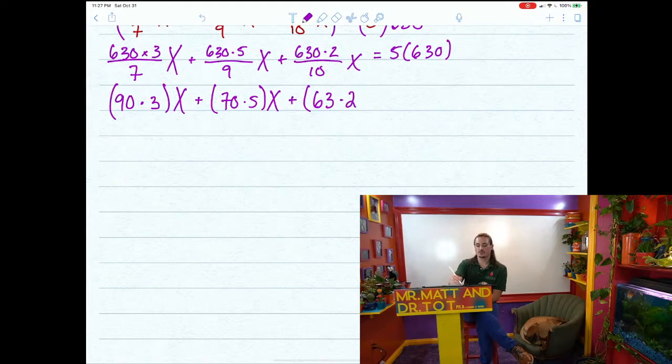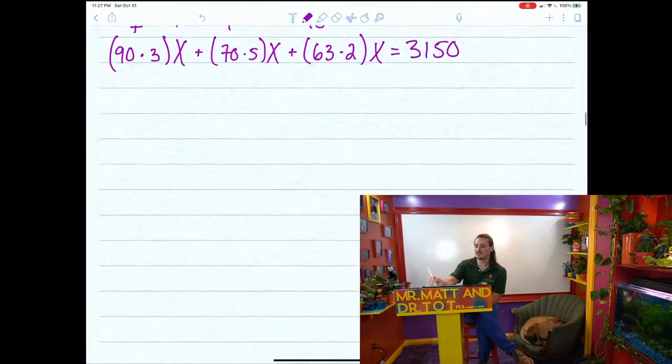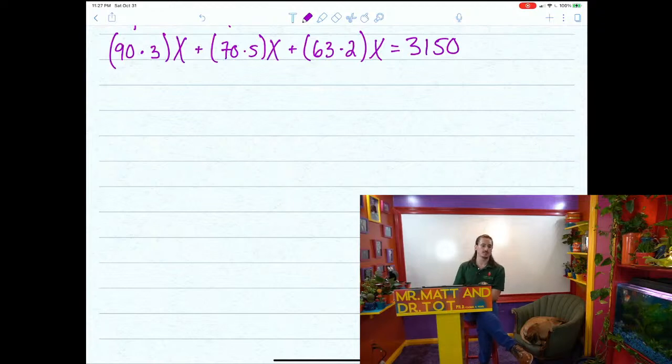90 times 3 is 270, so this is 270x, plus 70 times 5 is 350, and 63 times 2 is 126. So you can see by multiplying by the LCM, I turned all those complex fractions into integers.